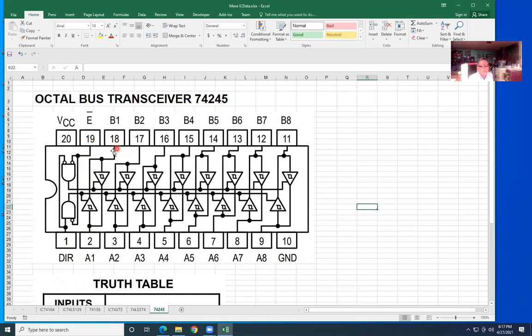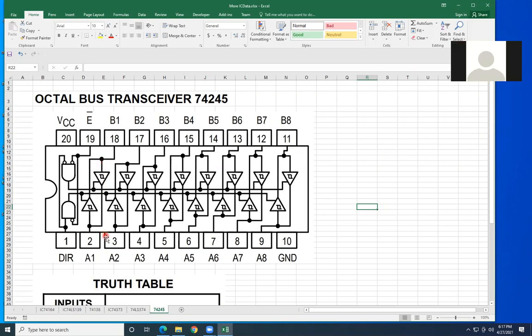They can go both ways. They are just like a buffer; they cannot change anything. If you get a 1 input coming into pin 2, it can go out pin 18 as 1. Or if pin 18 is 0, then it can go into pin 2 as 0. They go both ways. That's what they call bi-directional.